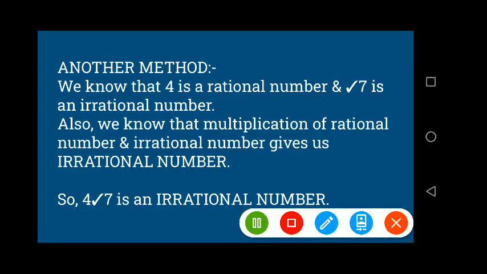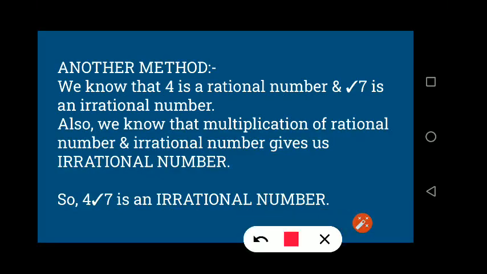Now, in this method, what we know is 4 is a rational number and root 7 is an irrational number. Already we know it. And in the previous class, we have studied that the multiplication of a rational number and an irrational number always gives us an irrational number.